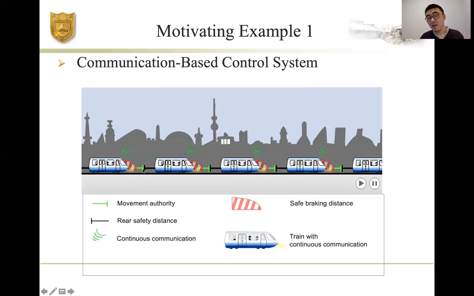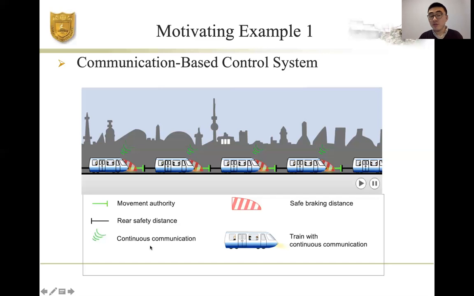You can see the movement authority of each train doesn't just touch the train ahead directly. It still has some distance in case you move beyond the MA. And the interesting thing here is that everything here, the movement authority, the rear safety distance, and the safe braking distance, is changing continuously. What do we mean?